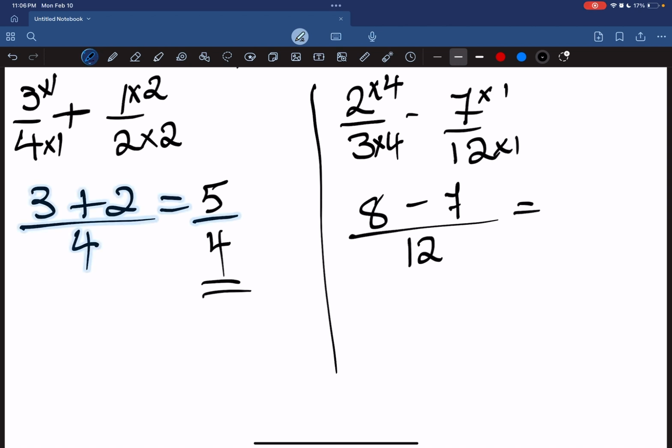So my denominator is going to be the same, and if I subtract 7 from 8, I'm left with 1. So if I have 2 over 3 and I subtract 7 over 12 from it, I end up with 1 over 12. And that is us adding and subtracting fractions with like denominators and unlike denominators.